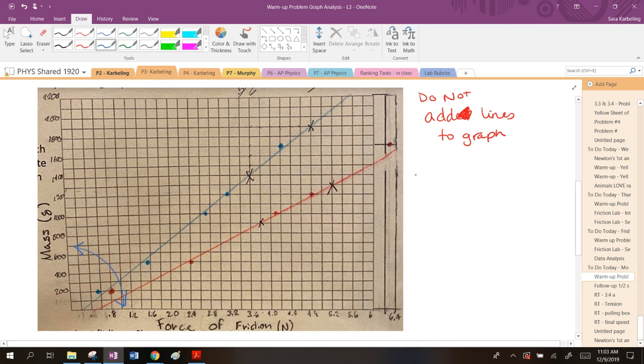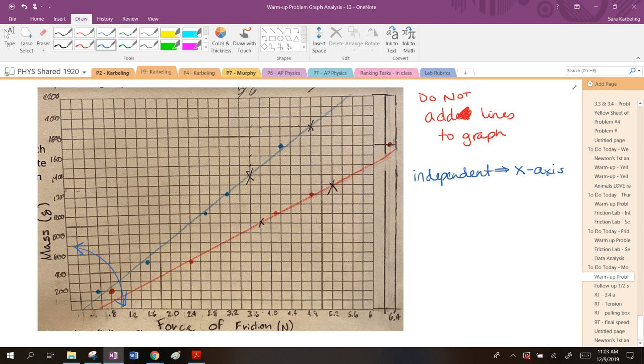The independent variable always goes on the x unless there's a reason not to. For example, in AP Physics, sometimes we graph things in a specific way so that the independent isn't here.